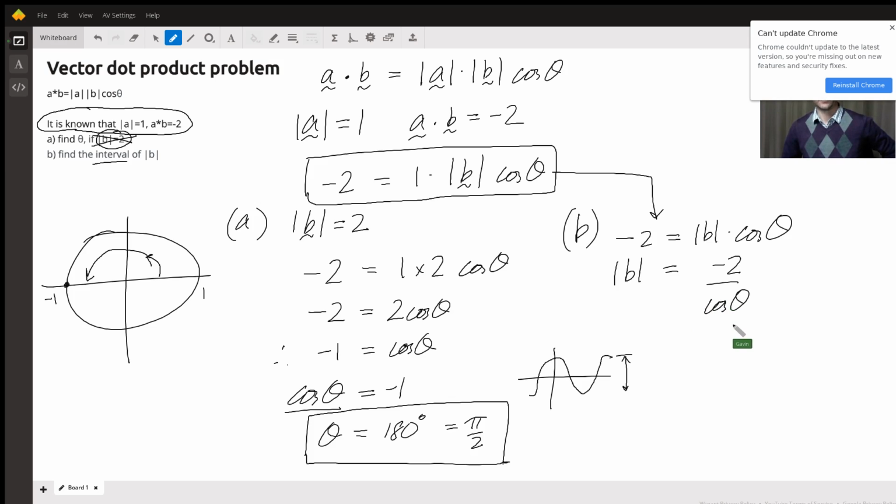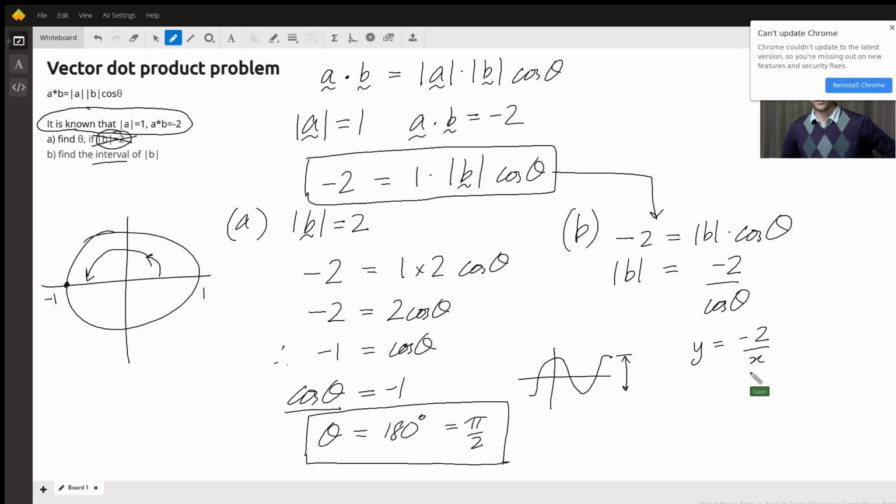Now that you understand the question better, have a go at seeing if you can solve this problem. One tip I can give is let cos theta be x. So it's a bit like y equals -2 on x.